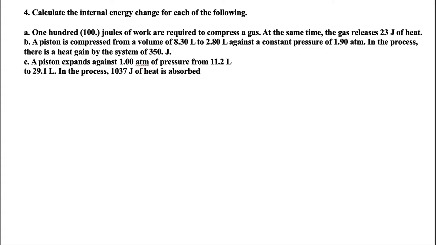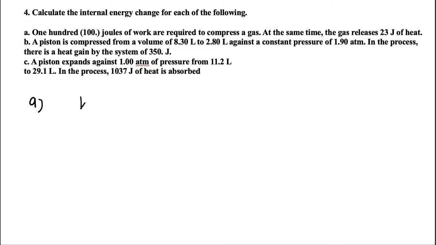What is problem 4 here? Calculate the internal energy for each of the following. Problem A: 100 joules of work are required to compress a gas. At the same time, the gas releases 23 kilojoules of heat. That's the problem here. Let's solve it. 100 joules of work is required.